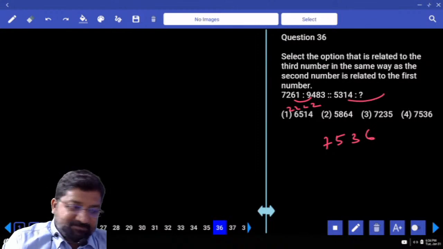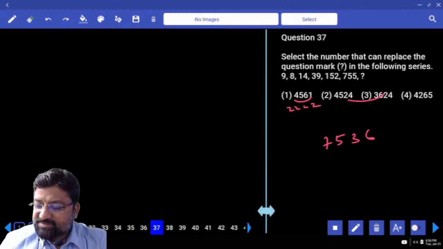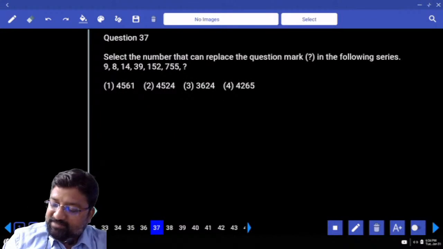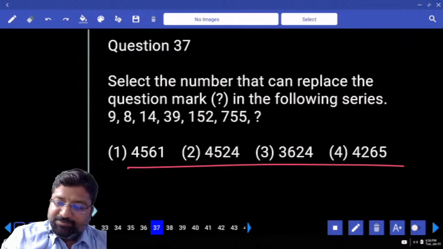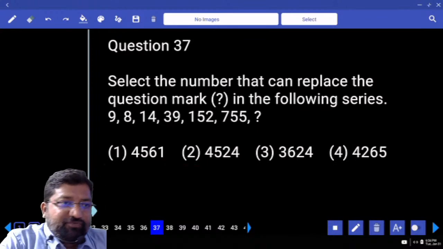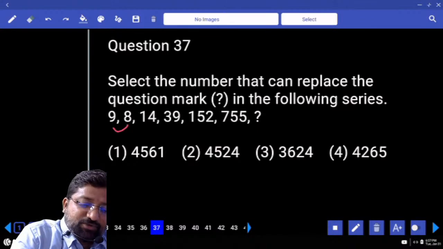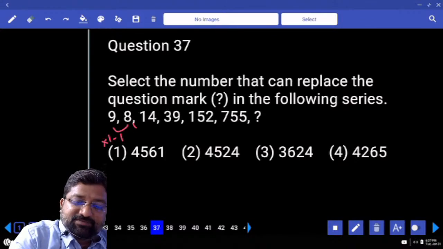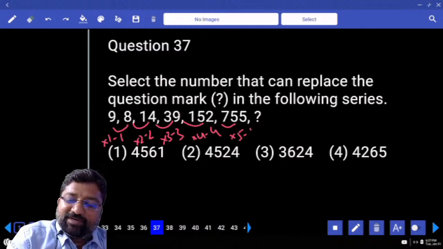Yes. Next is 37. Increasing or decreasing? Huge increase or gradual increase? Huge. Look at the options, they are very huge. Now what's happening here? I have to go for product. This is 1 into 1 minus 1, this is 2 into 2 minus 2, 3 into 3 minus 3, 4 into 4 minus 4, 5 into 5 minus 5.